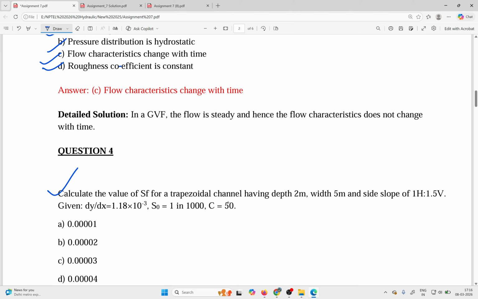for a trapezoidal channel having depth 2 meter, width 5 meter, side slope 1 is to 1.5, 1 horizontal and 1.5 vertical. Given dy by dx is equal to 1.18 into 10 raised to minus 3, S naught is equal to 1 in 1000, and S naught here is your bed slope. Remember, please, this is your energy slope. Here you need to calculate it. And C, I don't know what C is here. C may be the constant.